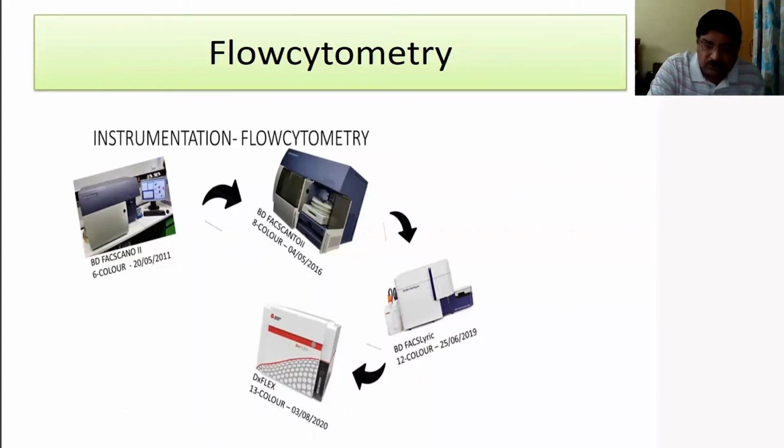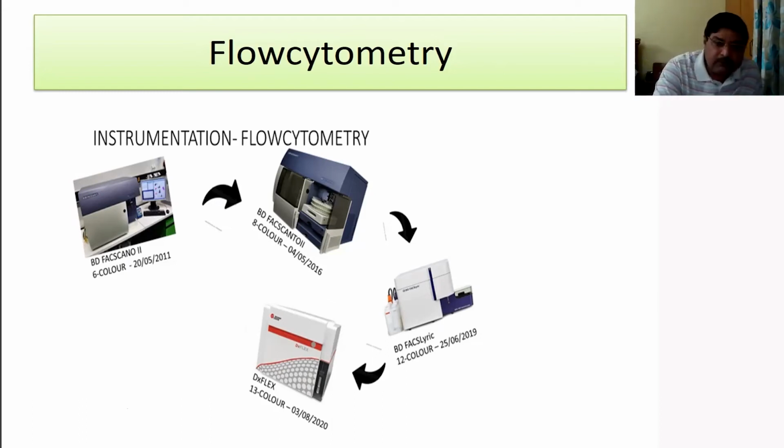This is my laboratory, so these pictures are from my lab. After the BD FACSCanto II, we acquired the BD FACSLyric, which is a 12-color flow, and then we had the DxFLEX from Beckman Coulter, which is a 13-color flow cytometer, and now the current platforms have even more colors than 12 or 13 color. So why is it so?